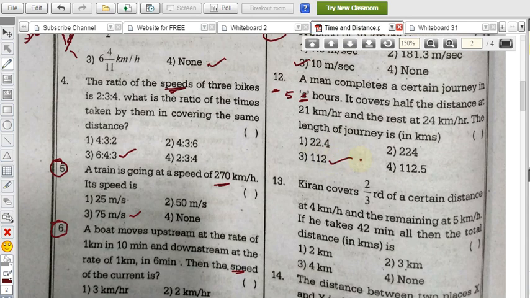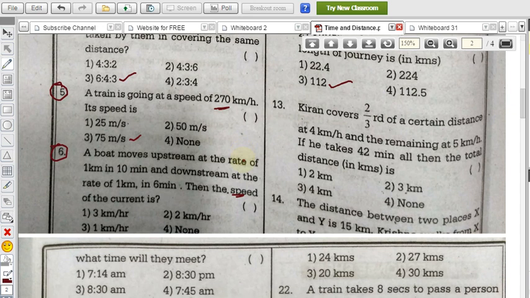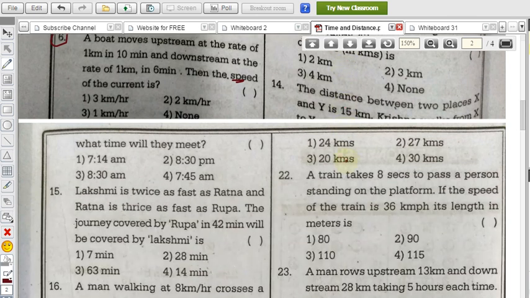This also remains the same. Two-thirds of a certain distance is covered at 4 kilometers per hour and the remaining at 5 kilometers per hour, and it takes 42 minutes. So you can convert into hours and calculate the total distance. Similar questions.